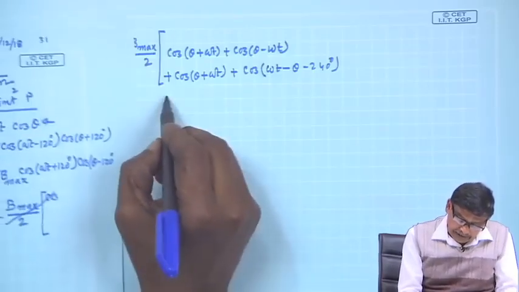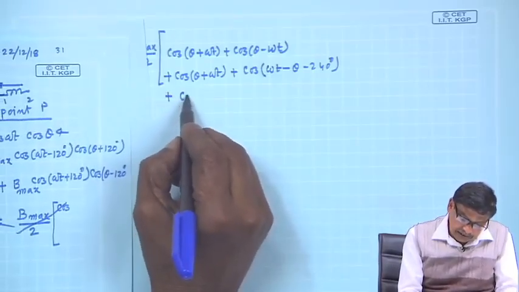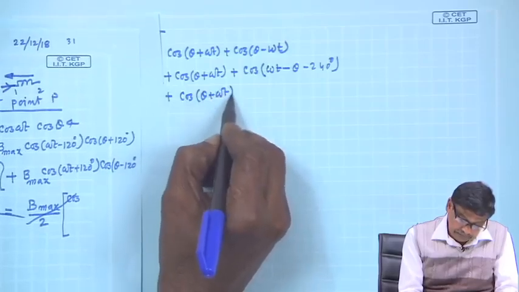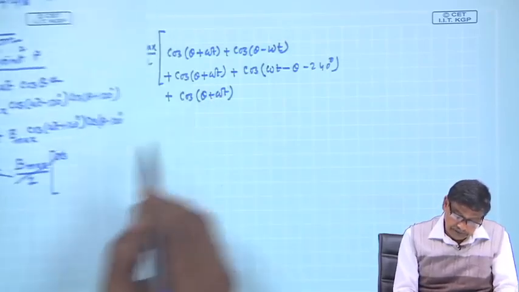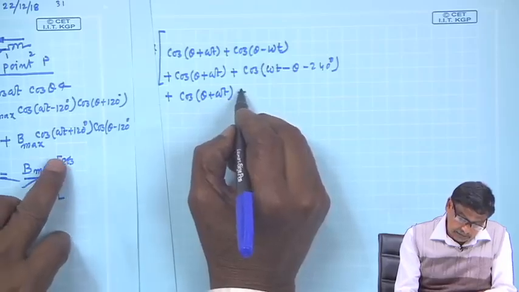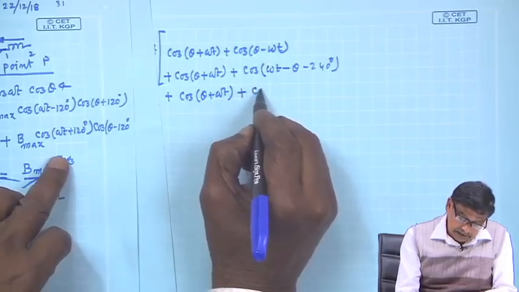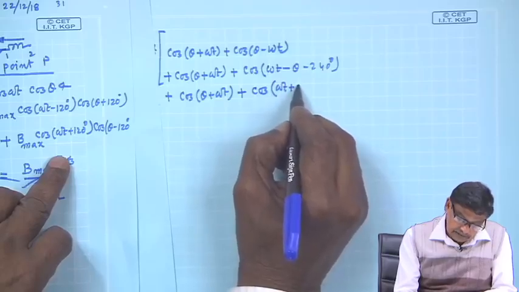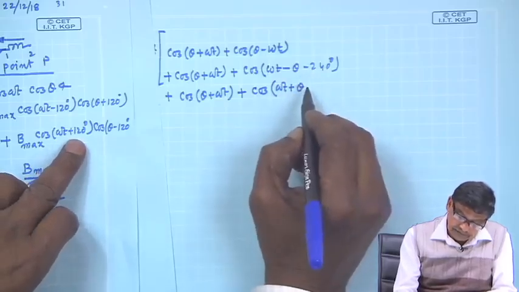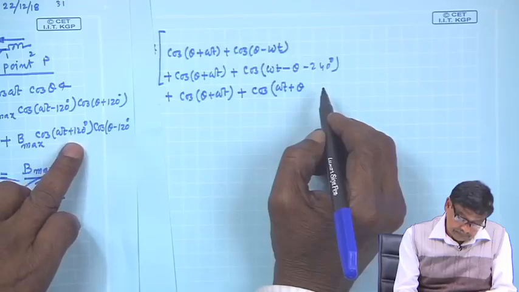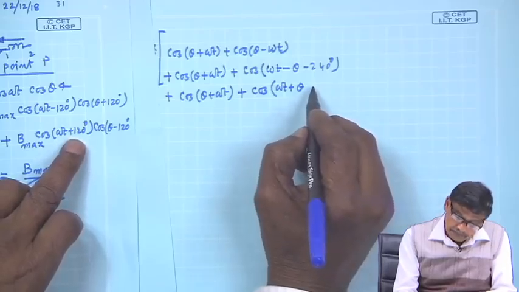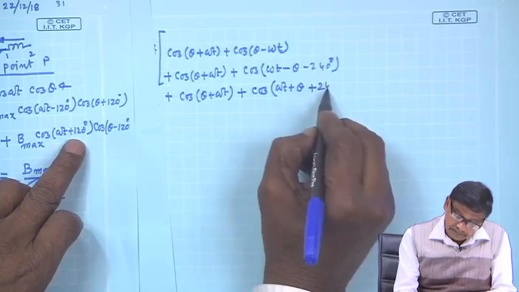And finally, the last term will be once again cosine theta plus omega t. These two terms if you combine, this will be plus cosine of A plus B, that is omega t plus theta plus 240 degree.